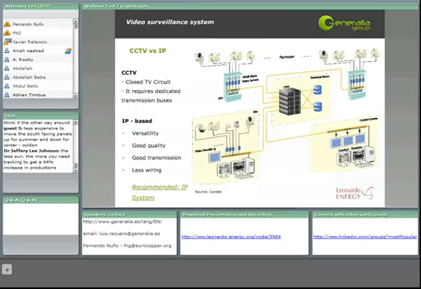The closed TV circuit is an old technology that requires a dedicated transmission bus and that might be more expensive than an IP-based solution. So we recommend using IP-based solutions because we can find good quality and good transmission, and we will need less wiring, so we can reduce the price of this type of systems.